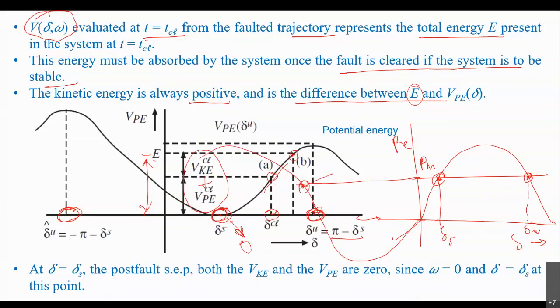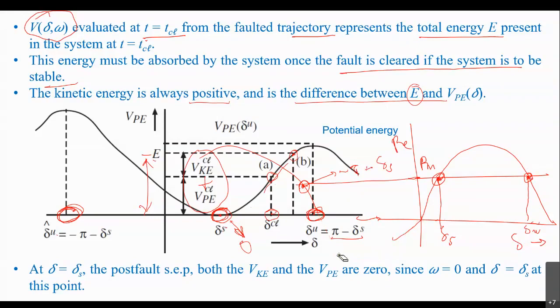This point, which is marked here as delta U cap, is minus pi minus delta S. Is that clear? So nearest to the stable equilibrium point, we have two other equilibrium points, and those are unstable. One is delta U, which is at the right side, and the other one is on the left side, which is minus pi minus delta S, right?